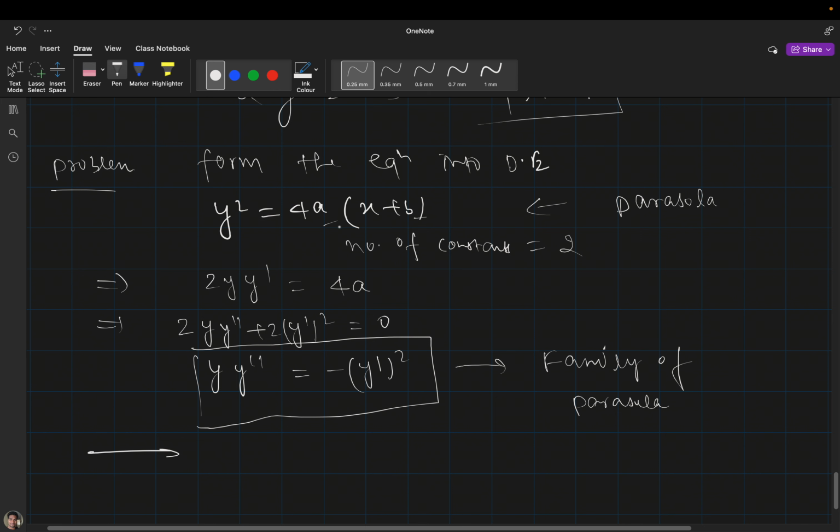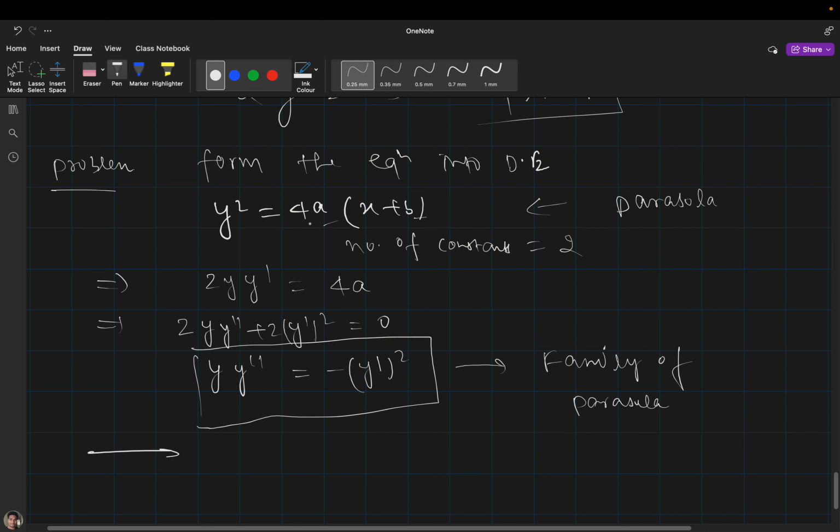Using boundary conditions, suppose at x equal to this, y equal to this, then you are able to get one constant. Now you have another boundary condition, like y equal to something at x equal to 2. Then you can eliminate another arbitrary constant. So you need two boundary conditions to get the particular solution.